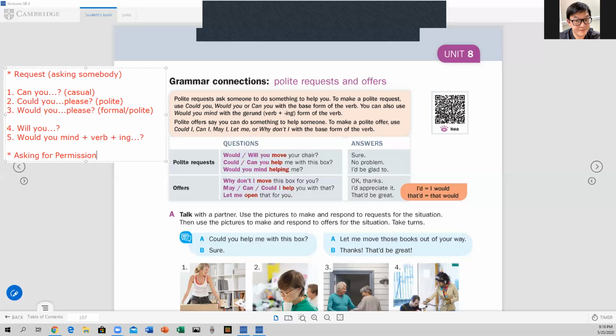So always remember the difference. This one's always I, because I am asking for permission. And what we learn is, can I, and this was the informal, the casual, right?